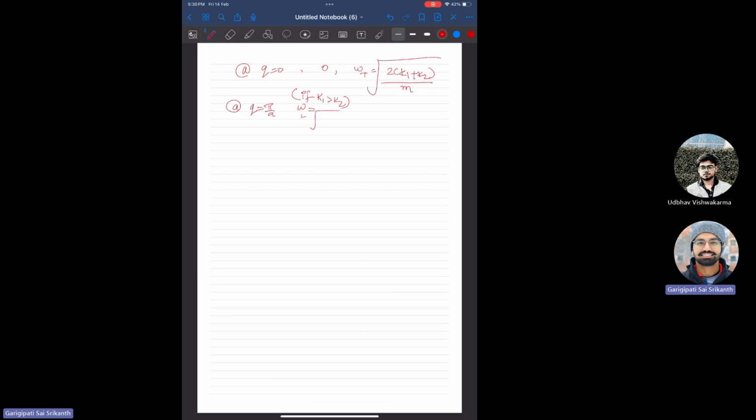The lower one will be equal to root k2 by m. Omega upper is equal to root k1 by m.